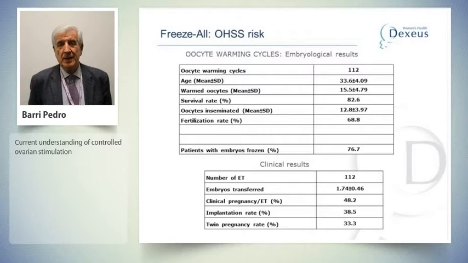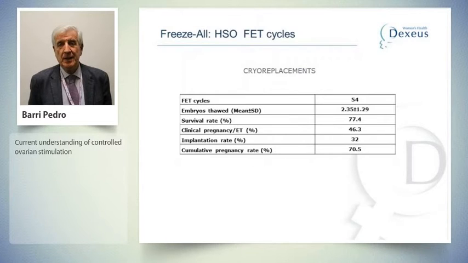And the clinical results, the number of frozen embryo transfer or deferred embryo transfer, all the patients had an embryo transfer. Mean number of embryos transferred 1.7. Clinical pregnancy rate per transfer 48%, implantation 38%, with the twin pregnancy rate too high, 33.3%.